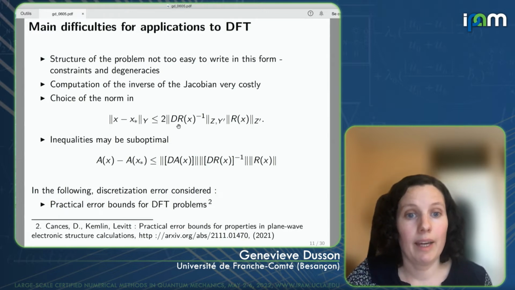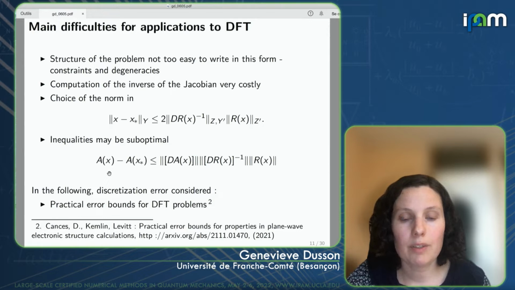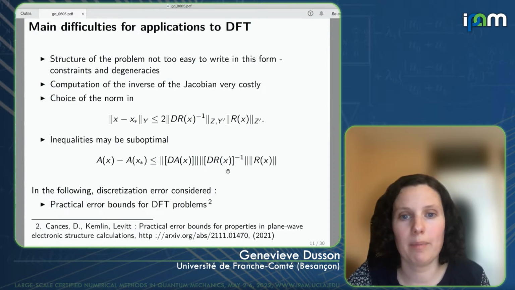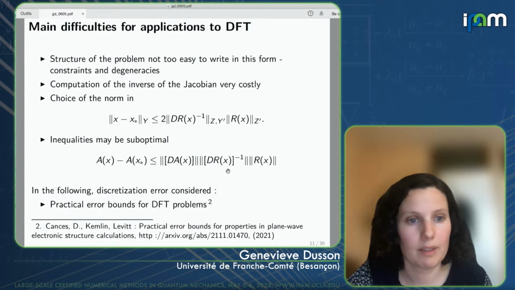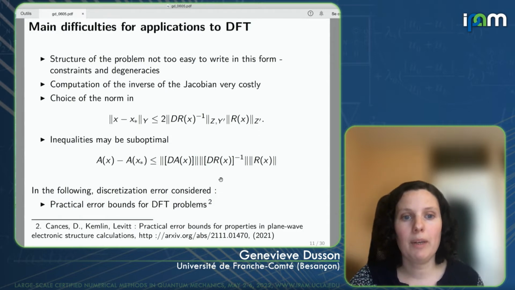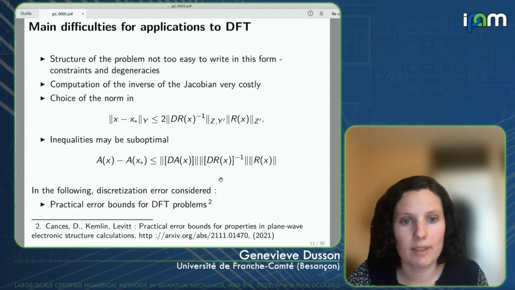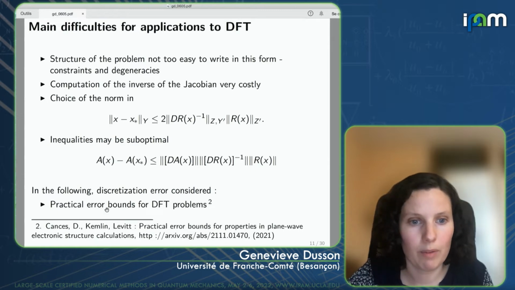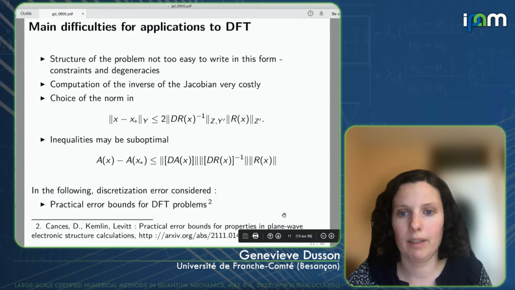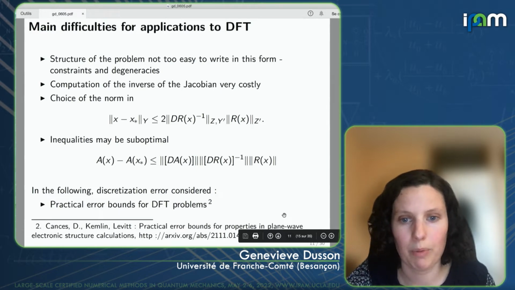And then when we look at the errors in quantities of interest, especially, the inequalities that we have may be suboptimal. And this is what I will show later. Okay, so in the following, I will consider the discretization error. And so this is mainly what you can find in this preprint here.